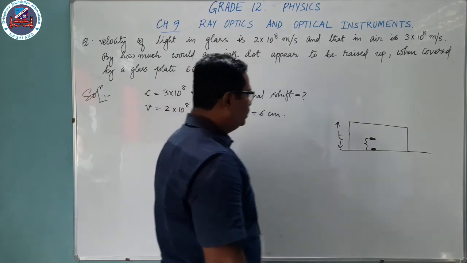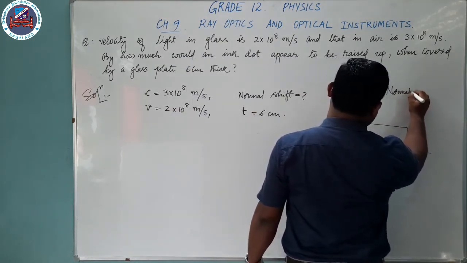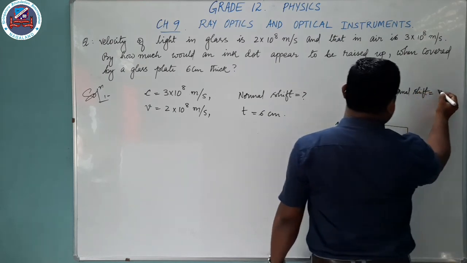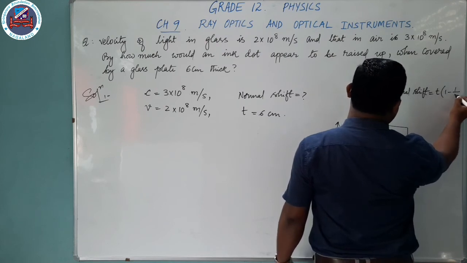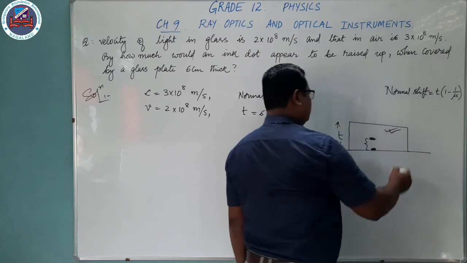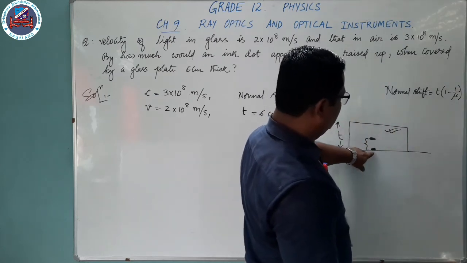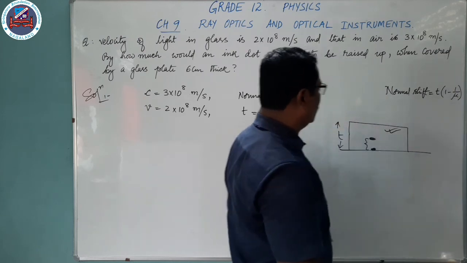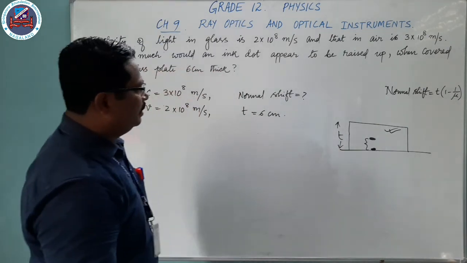And remember the formula: normal shift is thickness multiplied by 1 minus 1 by refractive index of the glass slab. If this portion is water, then it will be the refractive index of water. Now let us find out the refractive index of the glass.